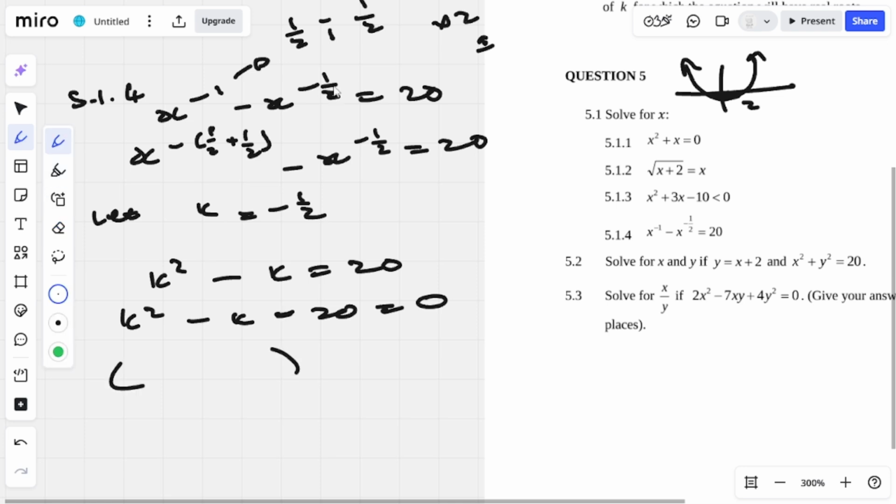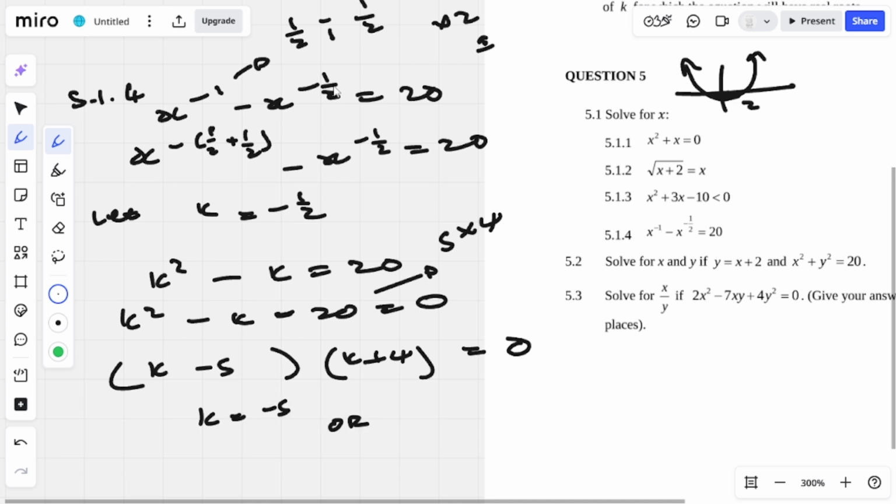Then you can factorize this, and since you know that the factors of this are 5 and 4, you're going to have k minus 5, k plus 4. K is equal to 5, or k is equal to minus 4. Positive 5, by the way, I made a mistake.